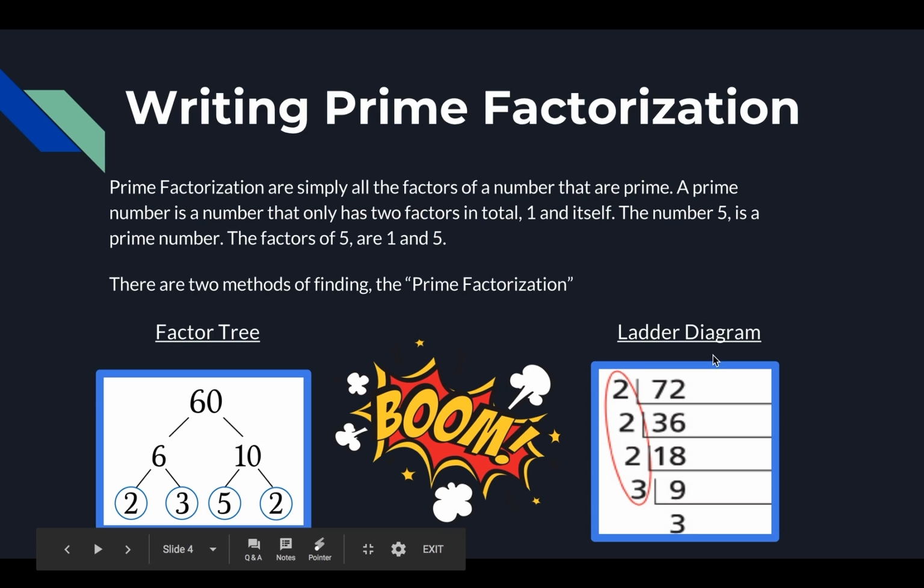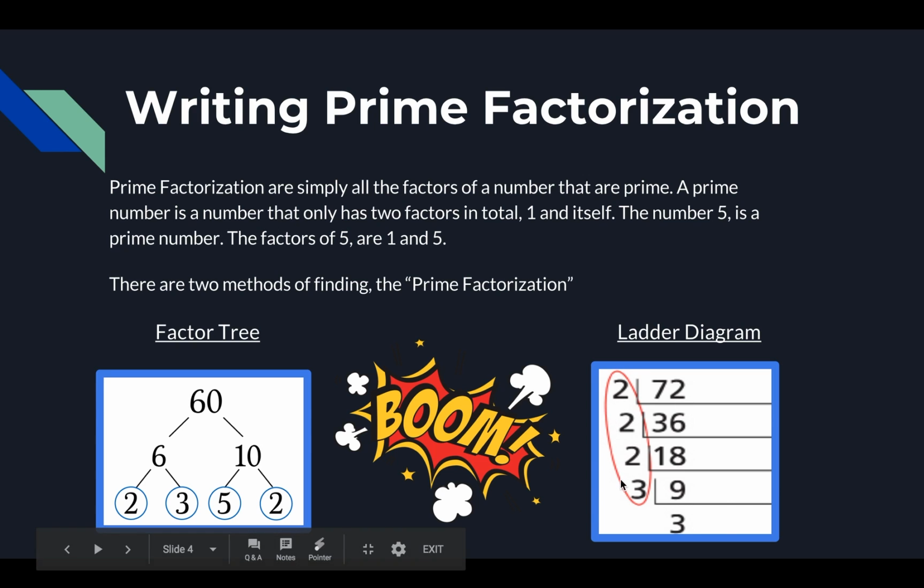Ladder diagram. This is the second method, and hopefully this looks familiar to you guys. So in this method, you just keep dividing by a prime number. Now, the number that goes here has to be a prime number, or else the method just won't work. Okay, that's the most important note to put here.